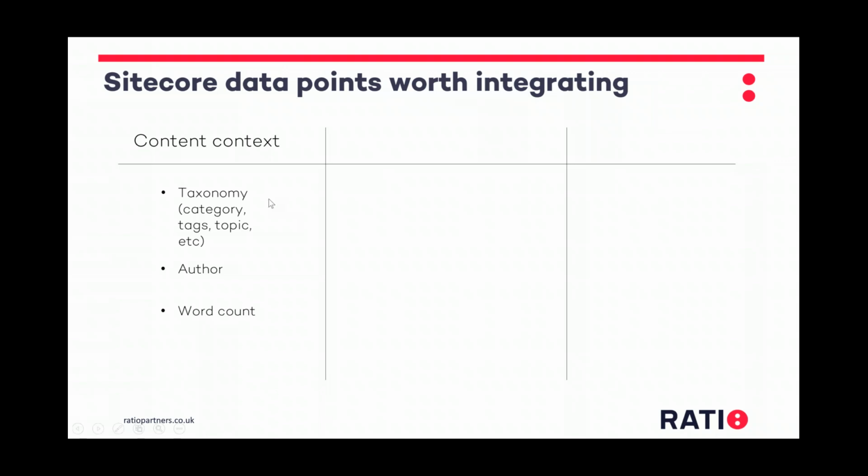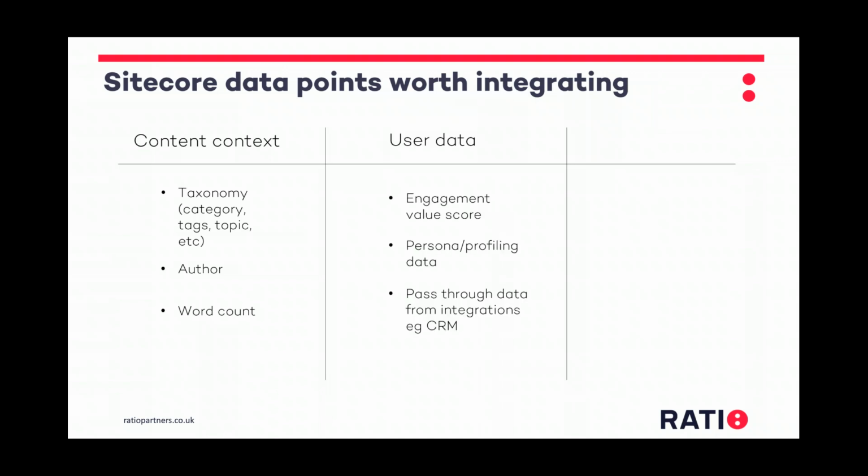But if you have a bunch of information there in Sitecore around what tags or content taxonomy it sits under, what's the category, the topic, who the author is, what the word count is, pushing that information into Google Analytics lets you do a much better job of analyzing, I guess, where your content strategy is working or not working, what sort of blogs you should produce more or less of. And that's quite a hard task to do without adding that data in.